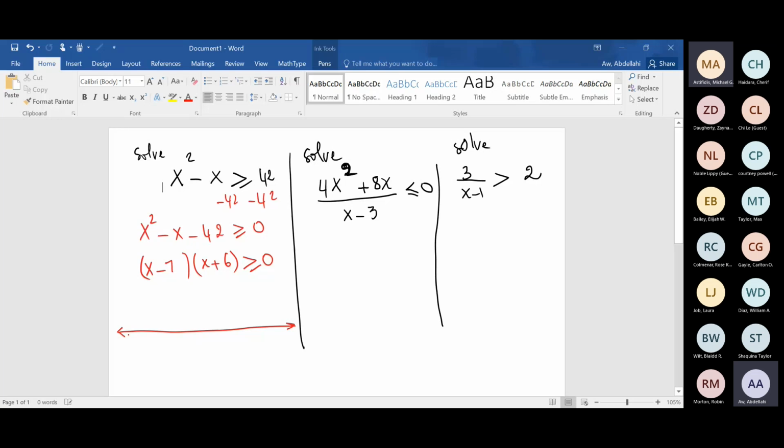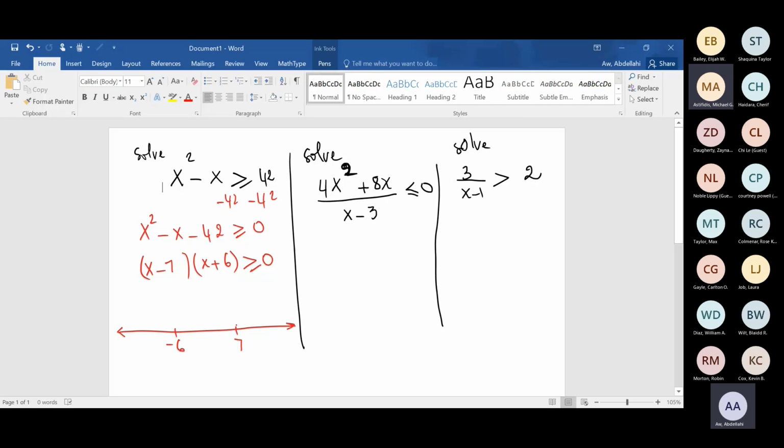If I don't see that, if you just go ahead and write the answer and you don't put this stuff right here, where you put the two zeros, -6 and 7, and then you have to decide when this expression is positive and when it is negative.